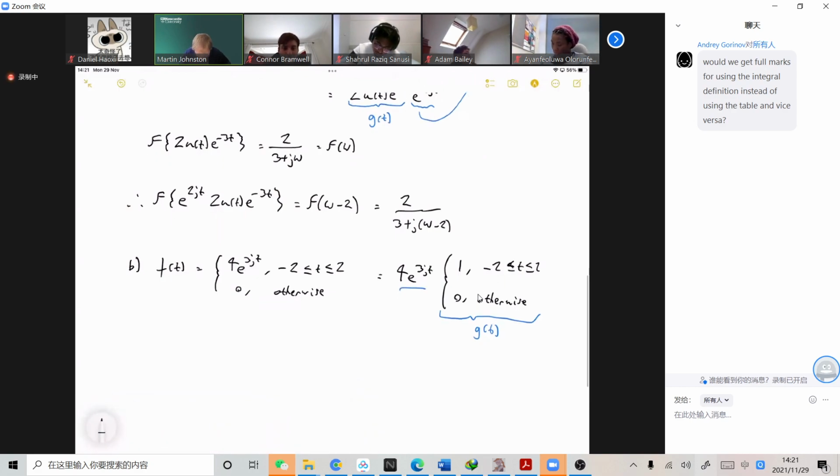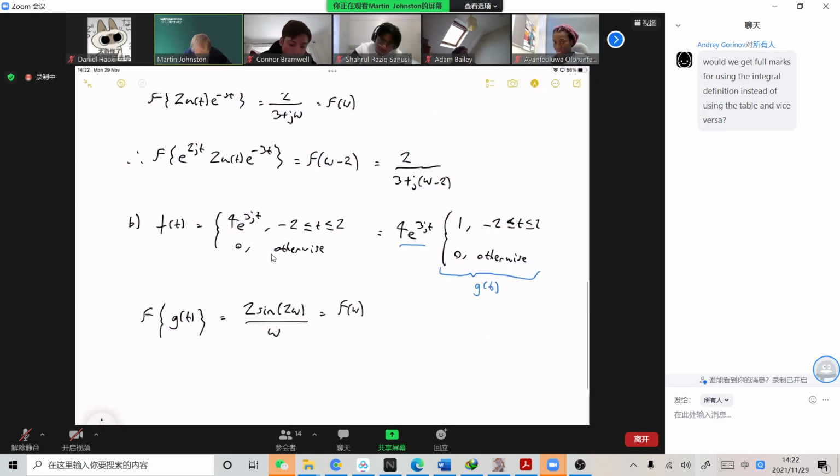So again, let's go to the Fourier transform. The Fourier transform of g of t is equal to 2 sine 2 omega over omega, which is equal to F of omega.